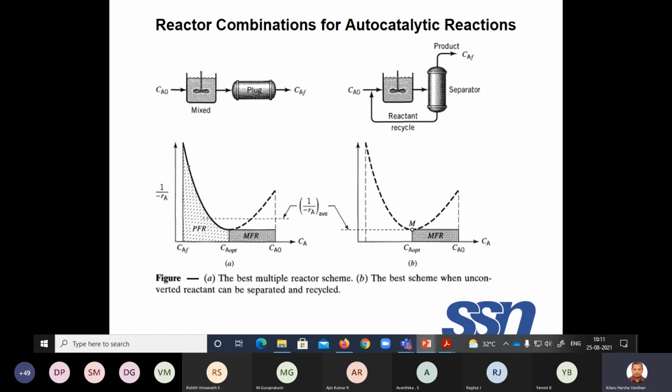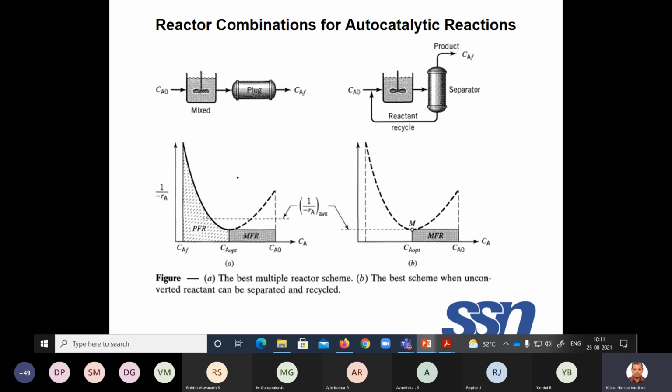The rate curve will decrease and then increase, because initially A is consumed and R is being formed. More R will be formed, more R will be consumed, right? So your rate curve will again increase. There will be a point where you will have your maximum.